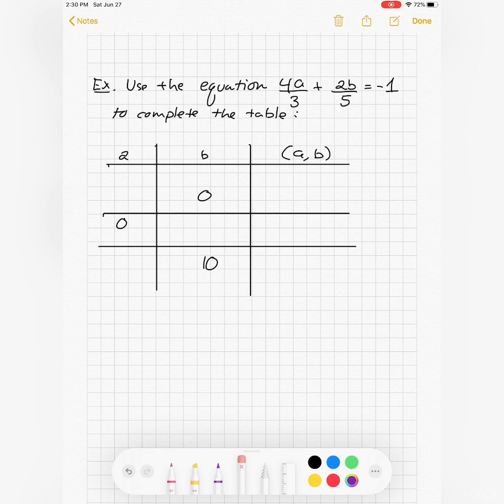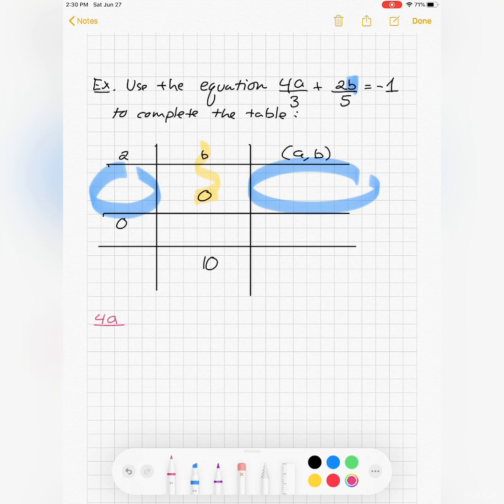Use the equation 4a over 3 plus 2b over 5 equals -1 to complete the table. So like the first example, they're giving me a value of b. So in the first column, I have to fill in a and b. So I'm going to plug b equals 0 into the equation.